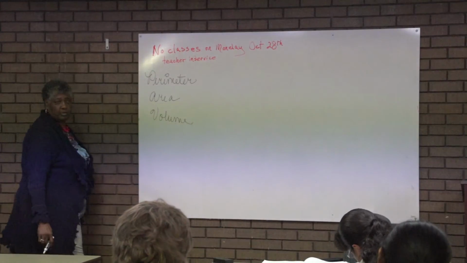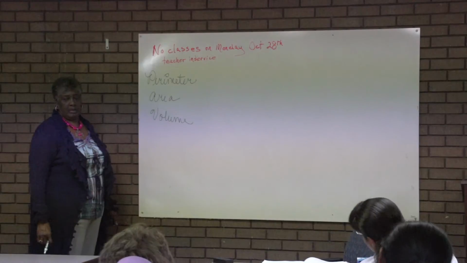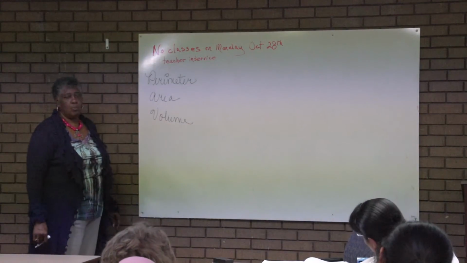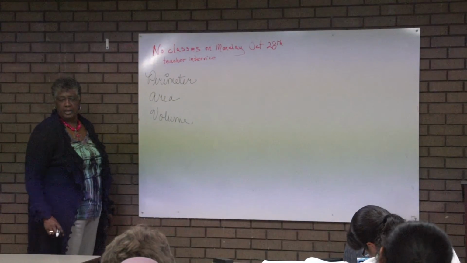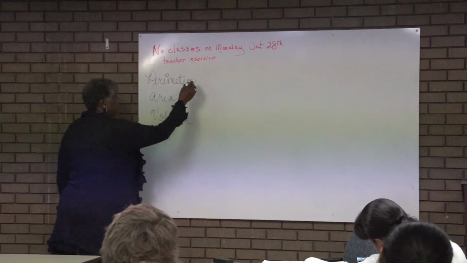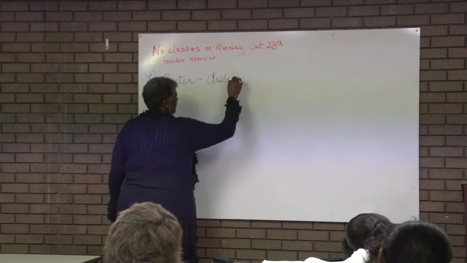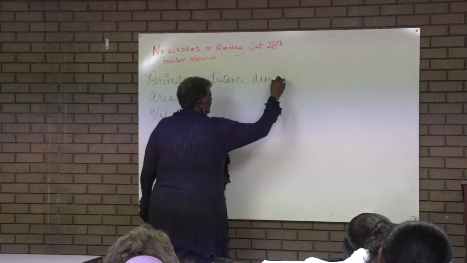Those are the three things you're going to be looking for in geometry: the perimeter, the area, and the volume. What does perimeter mean? Perimeter is the distance around the space. It's just the outside edges.